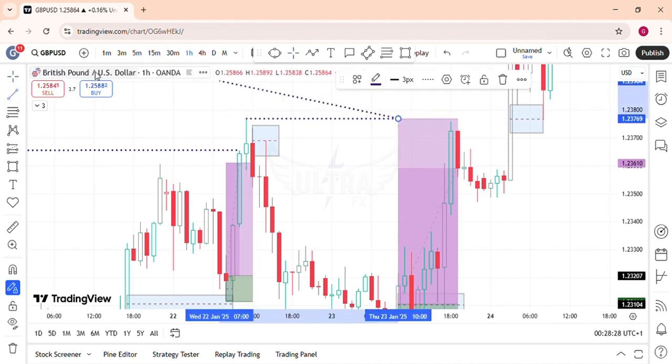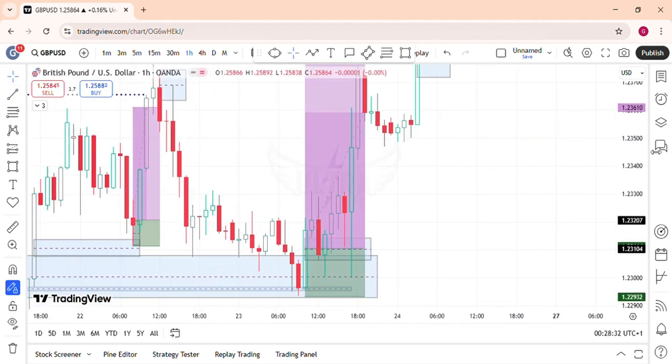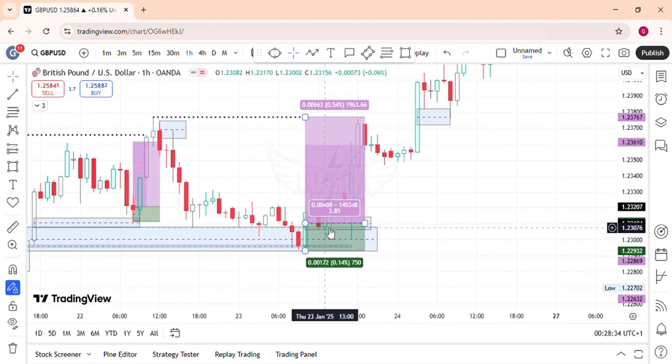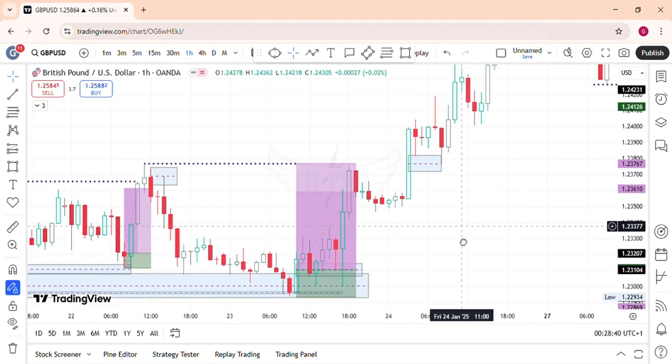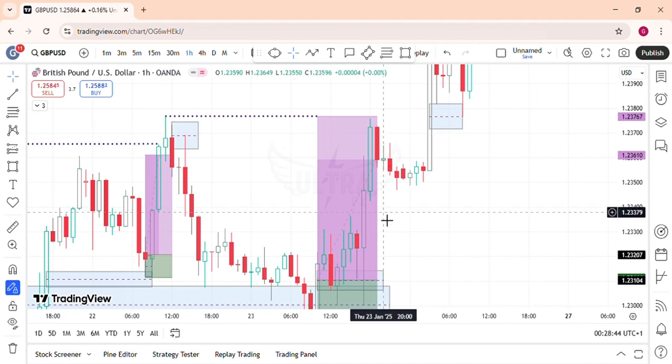As you can see, this is the previous high here. This is giving you risk to reward of 3.85. So that is another setup right there.